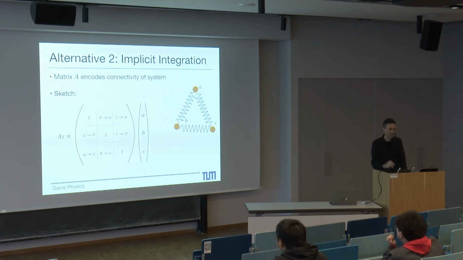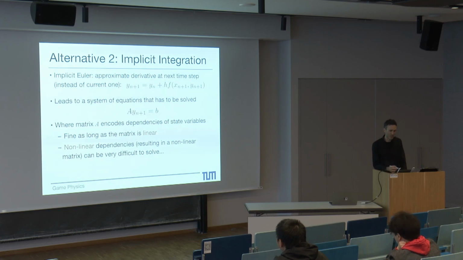We're dealing with explicit, but there is this implicit viewpoint. The important difference is that we evaluate the quantities of derivatives at this future time, which typically gives us this linear system of equations. It actually only works if things are linear.